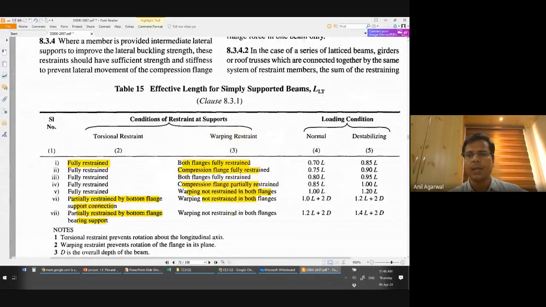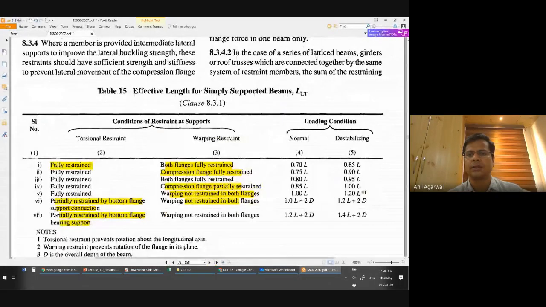Okay, and for these different conditions, it gives you different effective length values. So if L is the distance between 2 subsequent lateral supports, then 0.7 L is the effective L_LT that you need to use in your equation for this case.